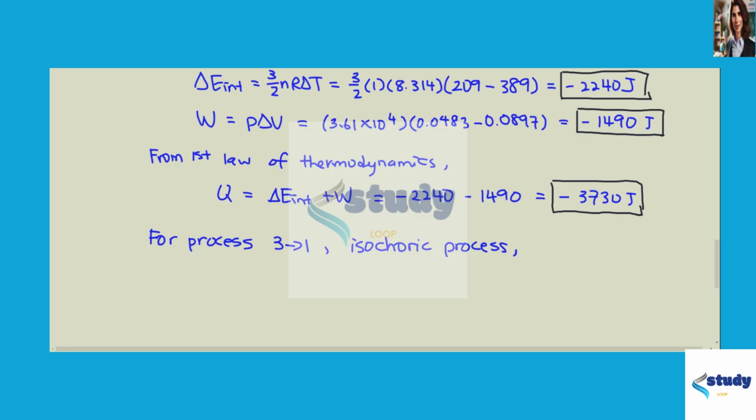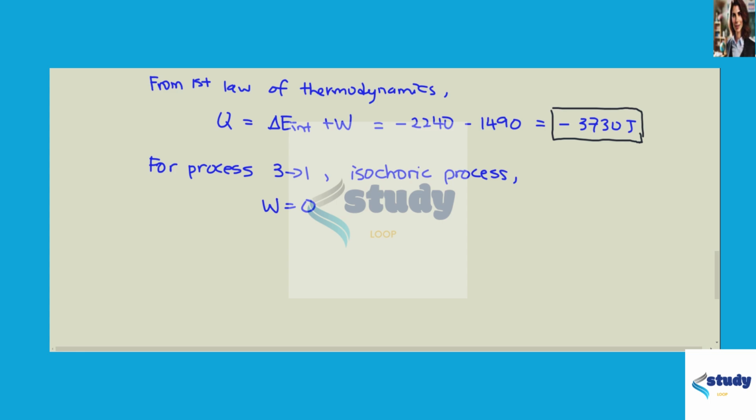In this case, we know that W is equal to 0, because there's no change in volume, and delta E internal is equal to Q, which is also equal to 3/2 nR delta T. So 3/2 times 1 times 8.314. The delta T is 588 minus 209. When you calculate this, you get 4720 joules.